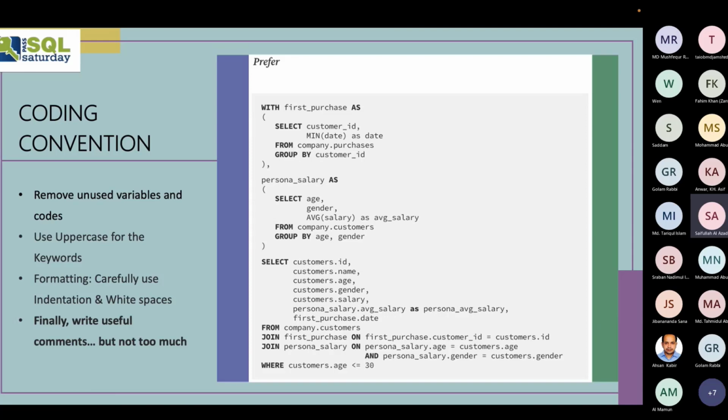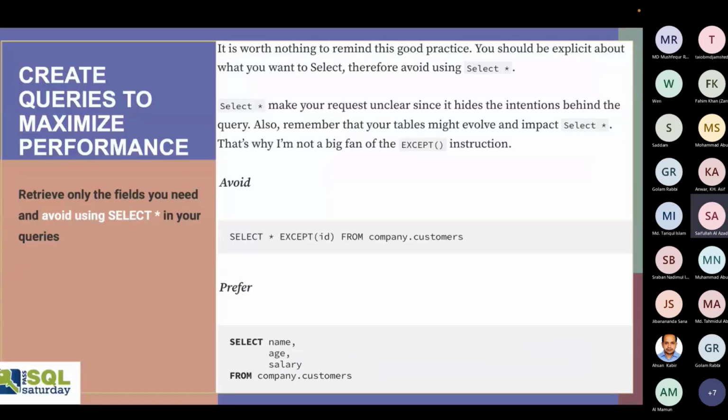The second topic is query optimization. There are some tricky points and mistakes in SQL. The first is using select star. We always use select star, and we know it impacts our performance.